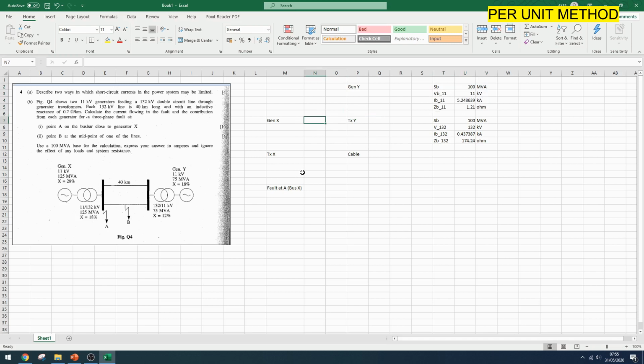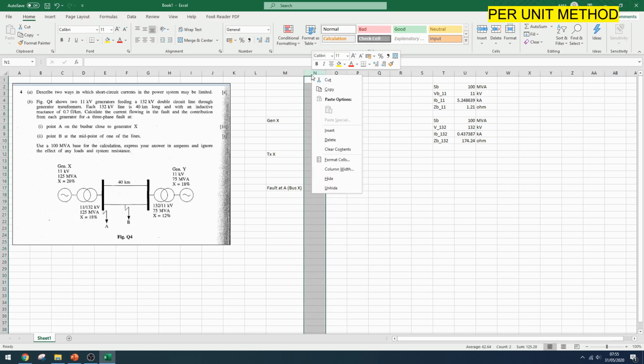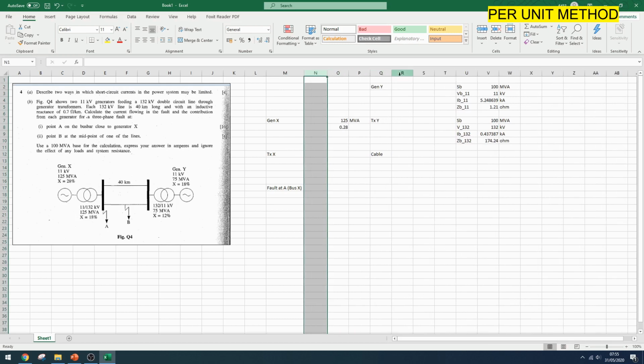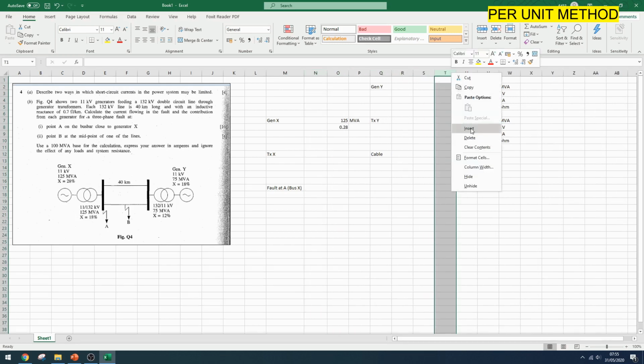So generator X is given as 125 MVA and the impedance X is given as 28% or 0.28 lah. Okay, let me add another column just to let people have more clarity.